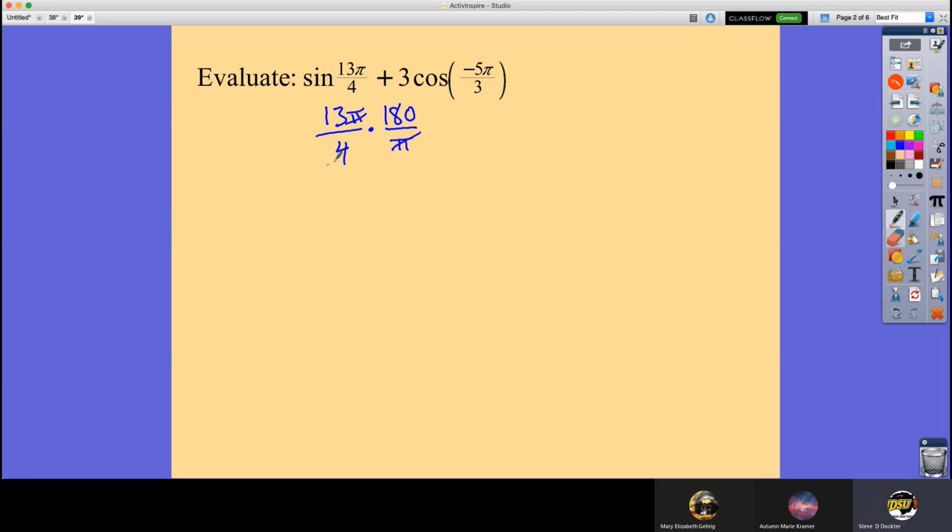Pi's cancel. 4 and the 180 turn into 45. 13 times 45 is 585. For the second one, we do the same thing. Multiply by 180 over pi. Pi's cancel again. 180 divided by 3 is 60. Times negative 5 would be negative 300.